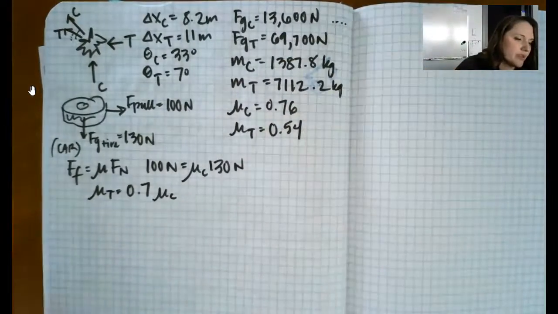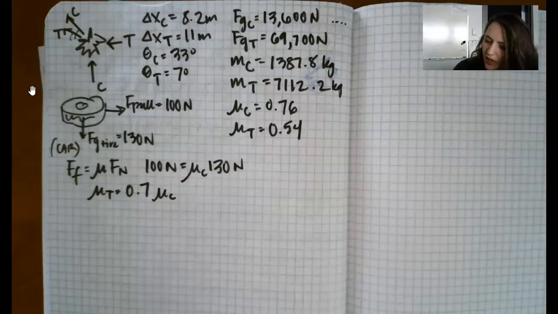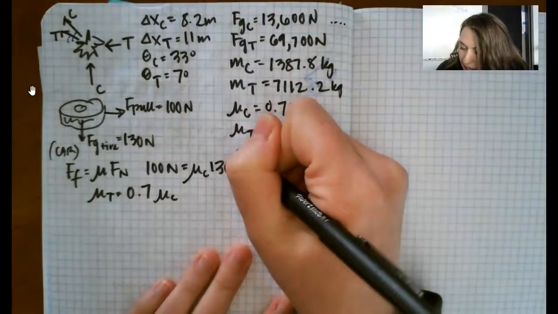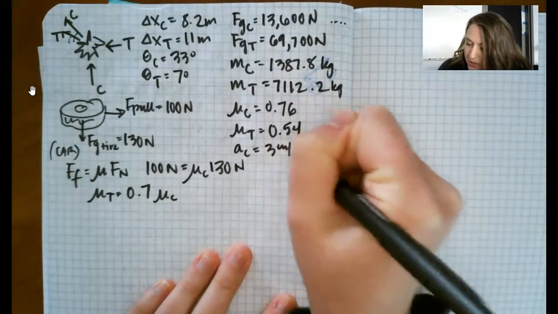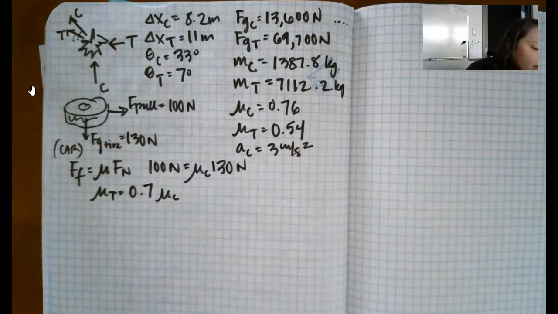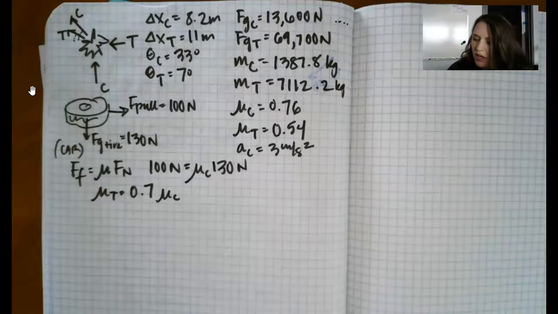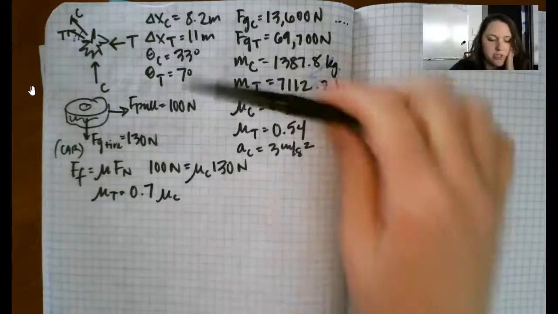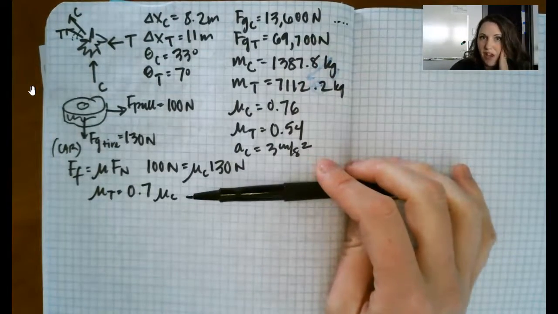I'm trying to think if there's anything else that's given that's important to know. They tell us that the car theoretically has an acceleration of 3 meters per second squared. That's how quickly it can accelerate. And I think that's about it. We could do a few other quick calculations to get us started, but I'm going to say those are most of our given values.